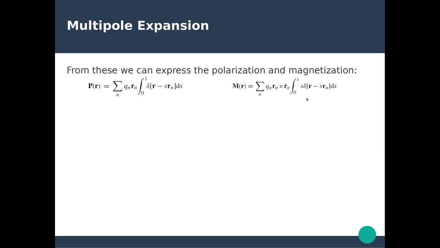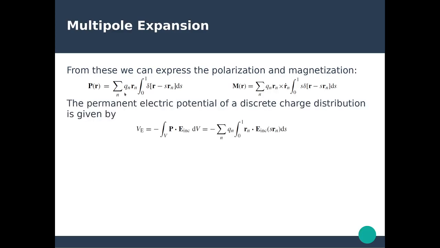When we look at the macroscopic polarization and magnetization that describe the behavior of matter, we need to account for this discrete ensemble of individual charges, and that gives the expression of the polarization and the magnetization as a function of this discrete ensemble of charges.